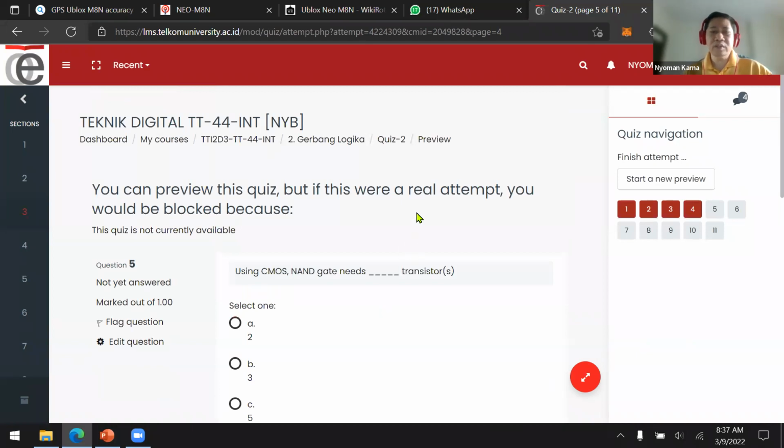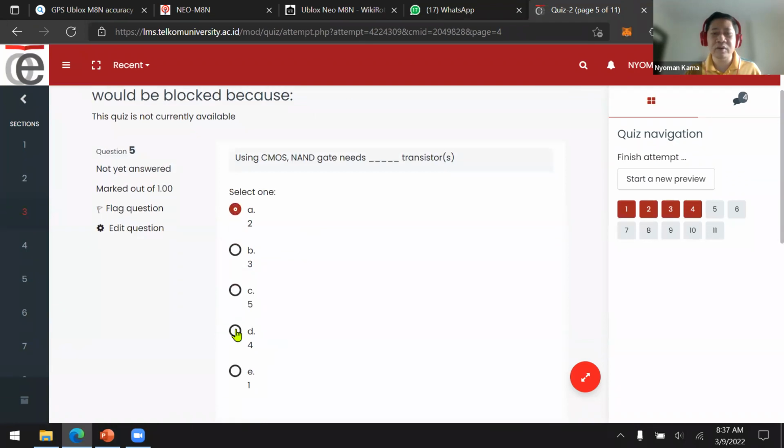Okay, using CMOS, a NAND gate needs only 2 transistors. Oh, sorry, not 2 transistors, but 4 transistors. Remember, in NAND gates, we have 2 PMOS in parallel and 2 NMOS in series.